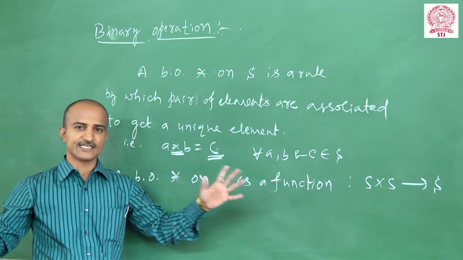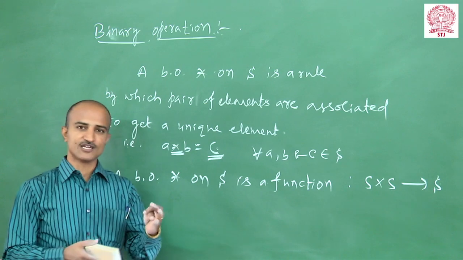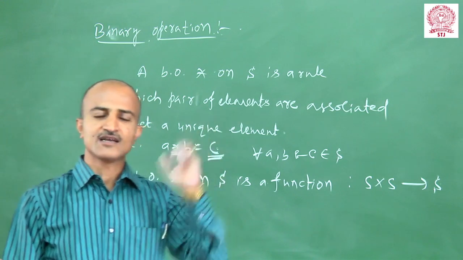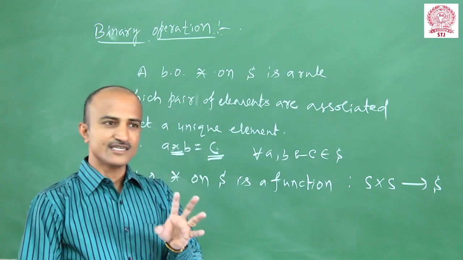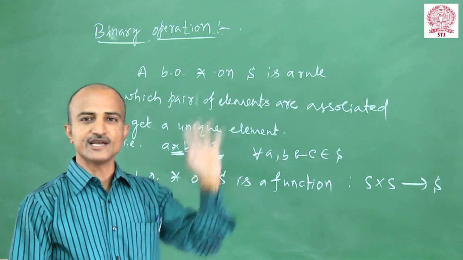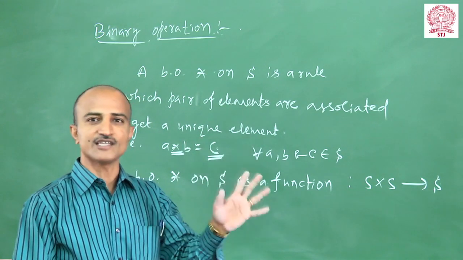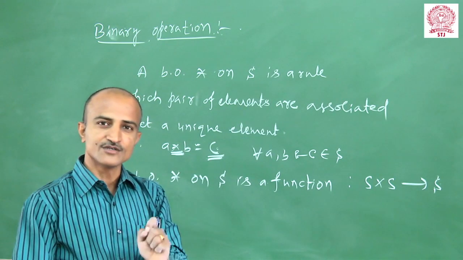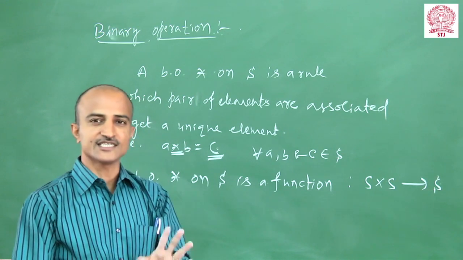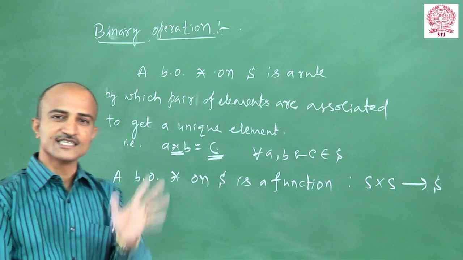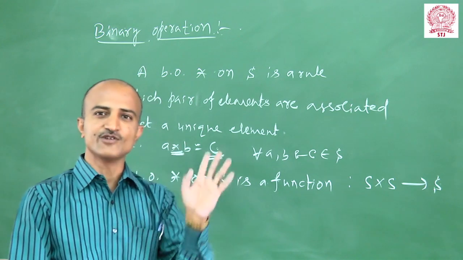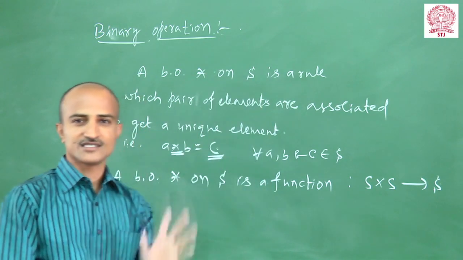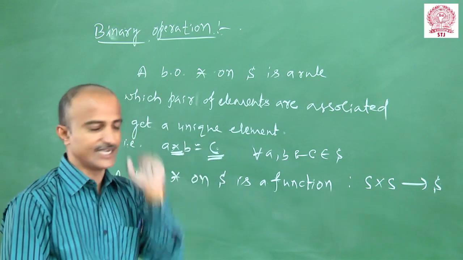They will give some set, like the set of integers, natural numbers, rational numbers, irrational numbers, real numbers, or even complex numbers. On that set, they will define the binary operation. We need to say whether that star is a binary operation over that non-empty set or not. For that, we just check their association to see whether it gives a unique element or not. If it gives a unique element, then star is a binary operation over that non-empty set.